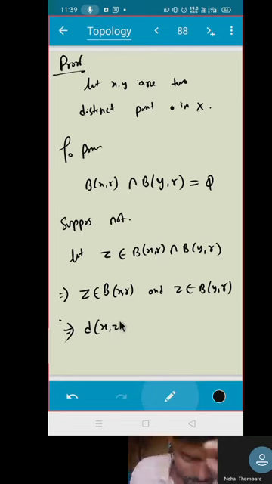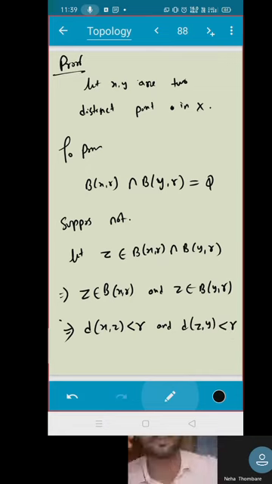That means the distance between x and z is less than r. And what about this? The distance between z and y is less than r. Agreed? Yes, sir. What next?